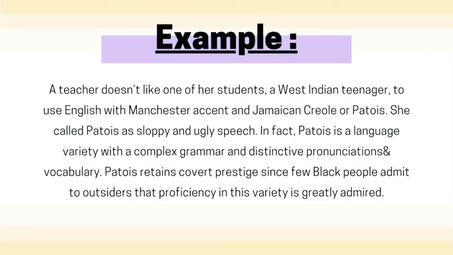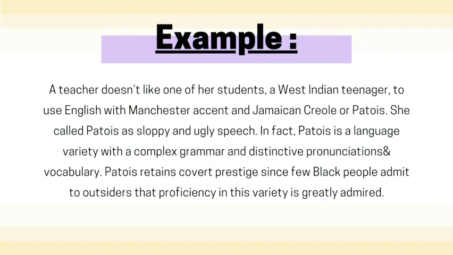The example of covert prestige is this one. A teacher doesn't like one of her students, a West Indian teenager, to use English with a Manchester accent, and she called it non-proper English. The student also used Jamaican Creole or Patois. She called the Patois sloppy and ugly speech.